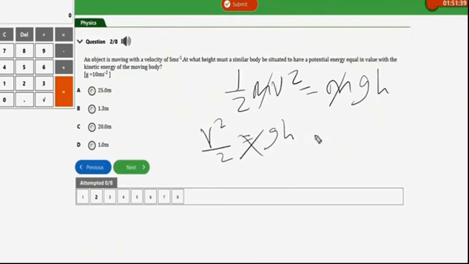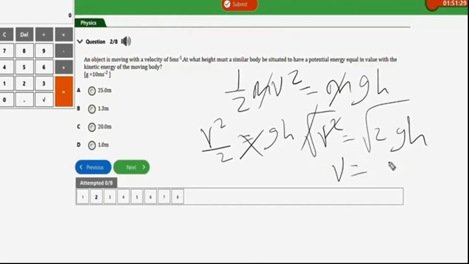When you cross multiply, you have v squared equals 2gh. If you make v the subject of the formula, you square root both sides, so v equals square root of 2gh. In this question, we have the velocity to be 5 meters per second, and we are looking for the height.